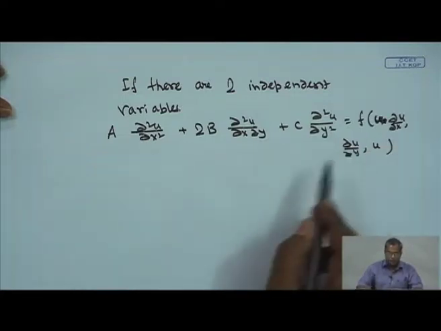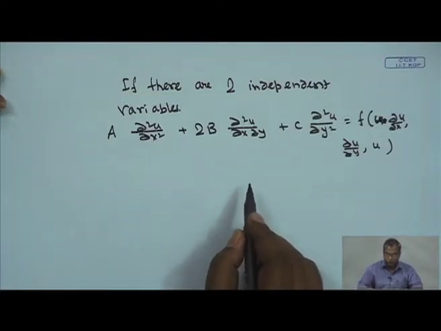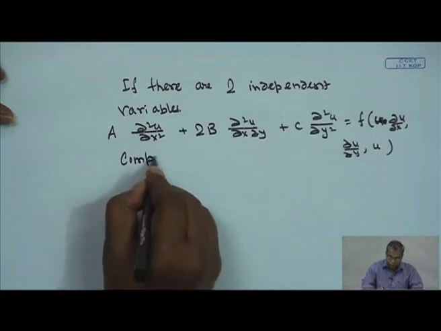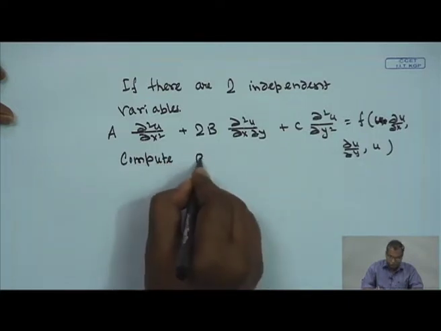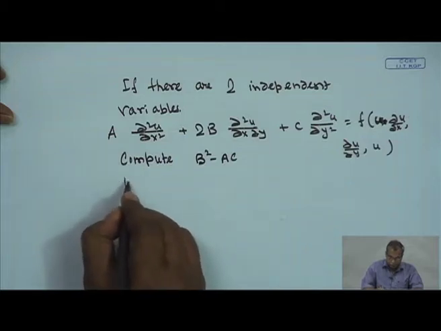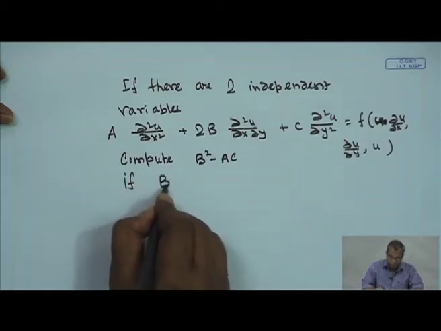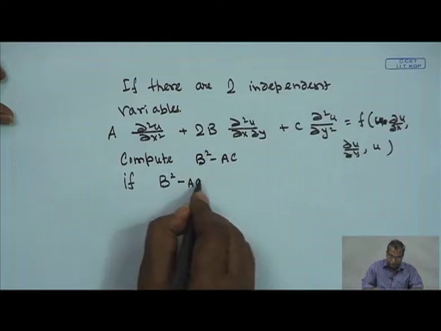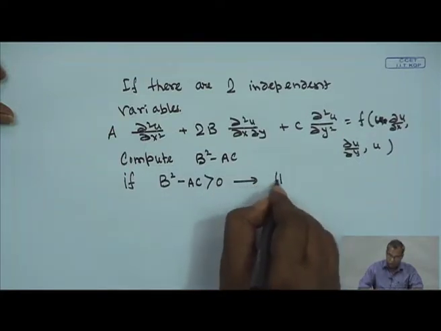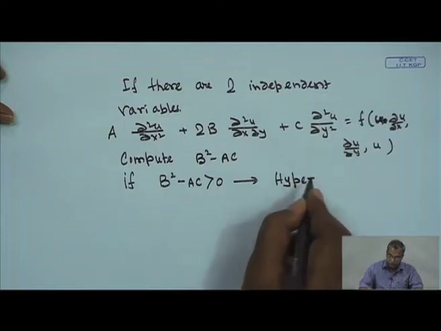If we express it this way, the two variable problem, we will be computing b² - ac. If b² - ac is greater than 0, then we are talking about a hyperbolic partial differential equation.